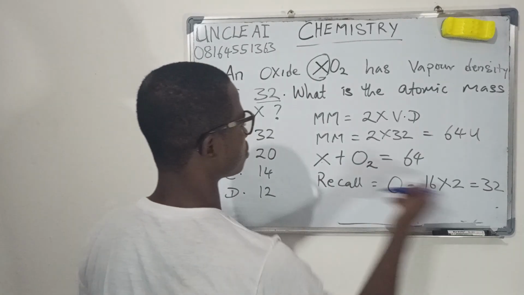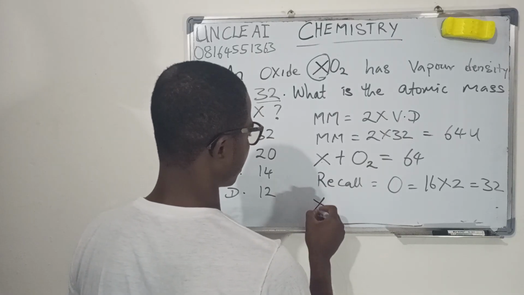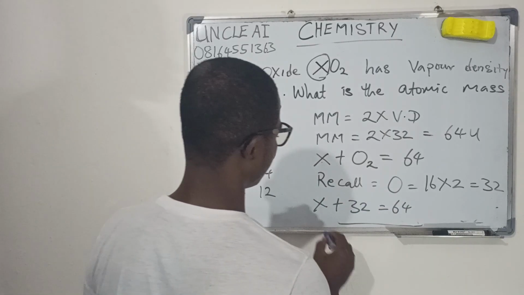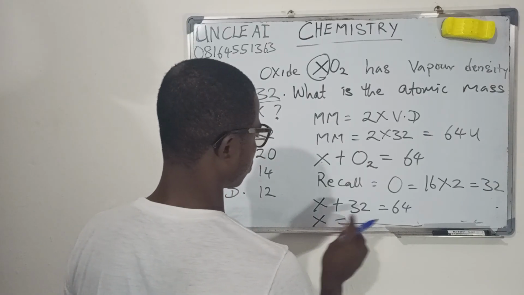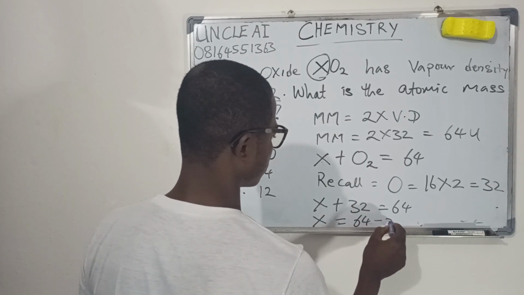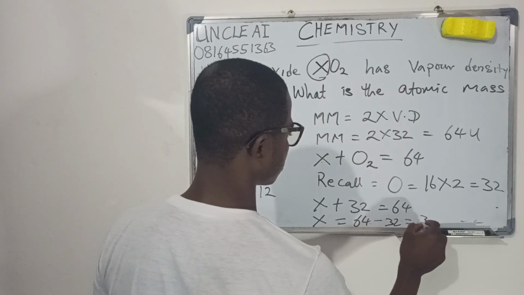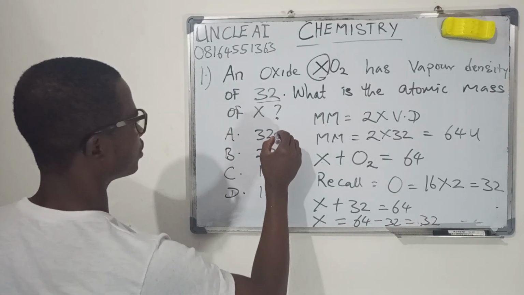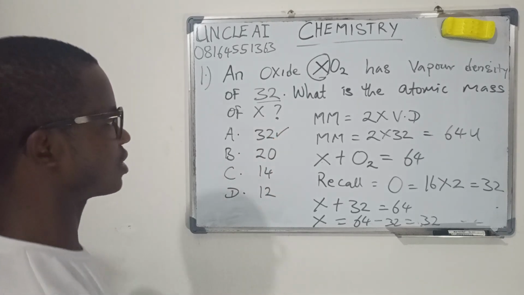Now we substitute 32 for oxygen here. We have that X plus 32 is equal to 64, where we have our X to be equal to 64 minus 32, which gives us 32, making option A the correct answer.